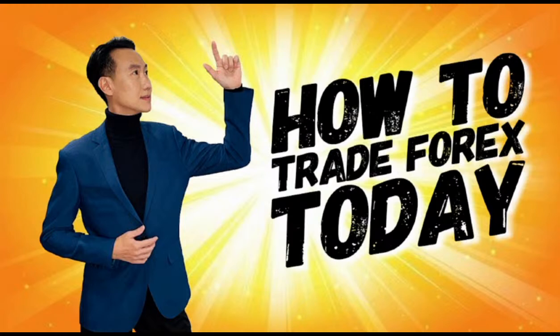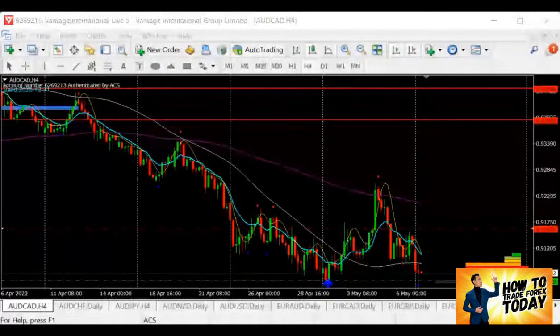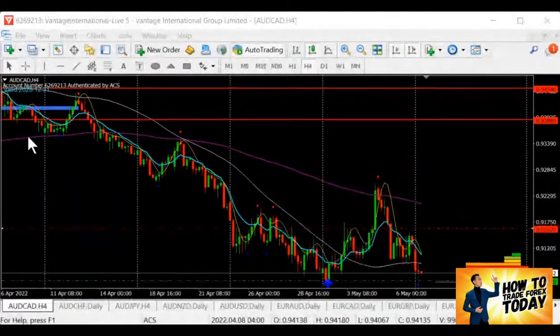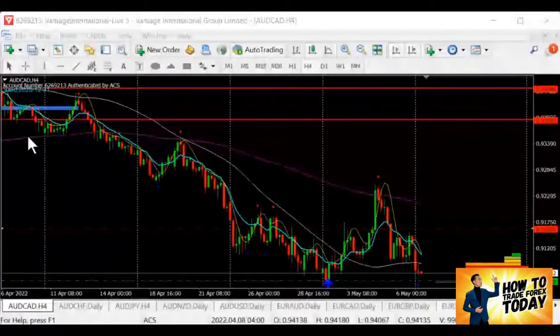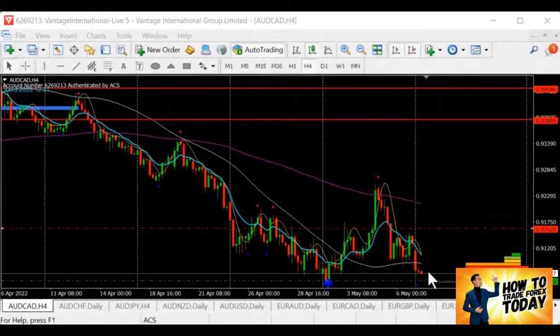In this H4, I'm going to look out for where my resistance is. I want to make sure I capture this resistance level.